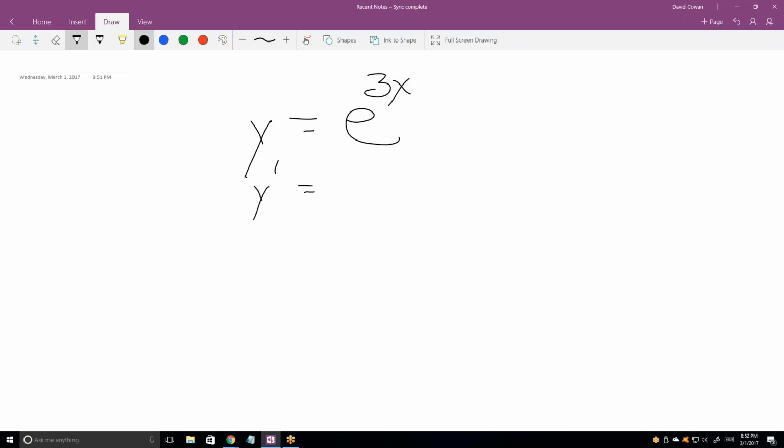Is it e to the x, or e to the 3 times x? Yeah, never change it. If the derivative of e to the x is e to the x, then the derivative of e to the 3x, the outside, is e to the 3x. But now I have to multiply that by the derivative of the inside. Well, what is the inside?